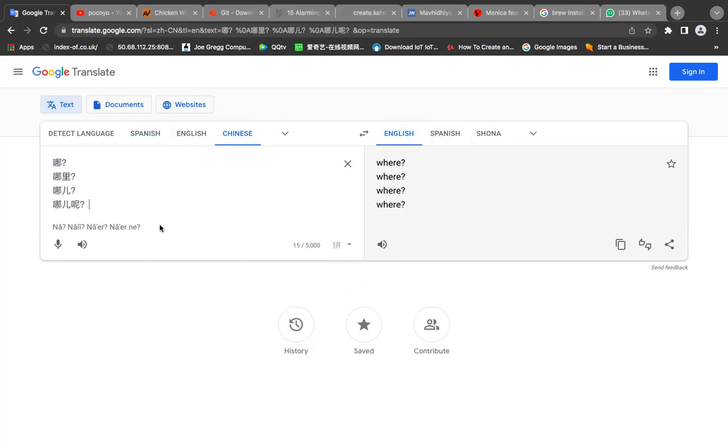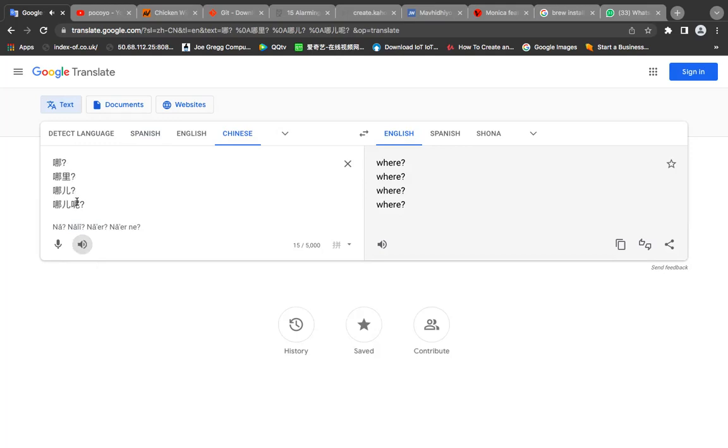We're asking the same question. The third tone, nah li. Because here we have two third tones, the first one changes into second tone, nah li, and the last one keeps the same tone. This one is no longer marked with any tone because it's now neutral. So nah, nar, na.